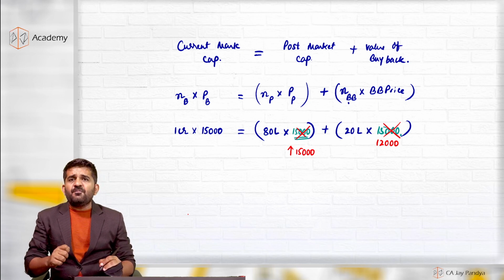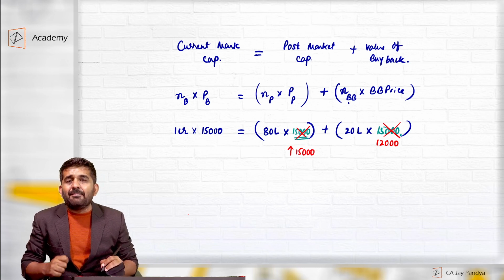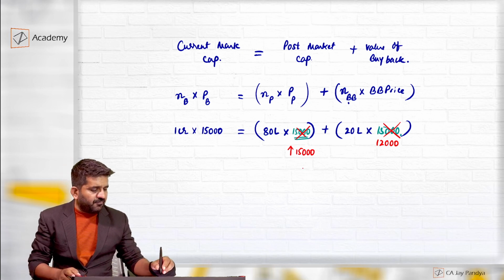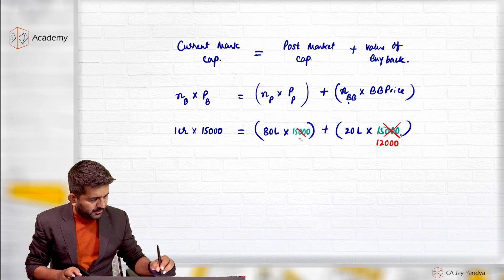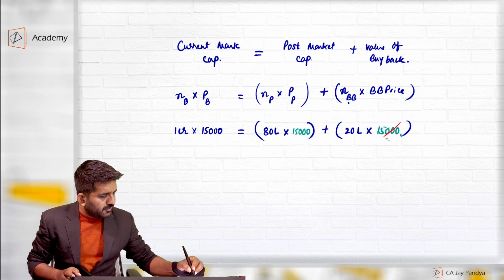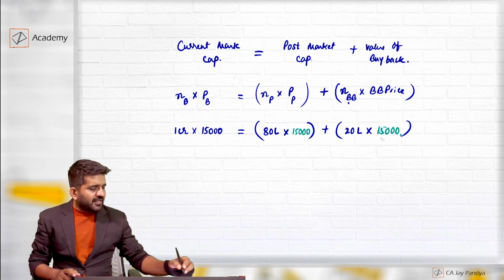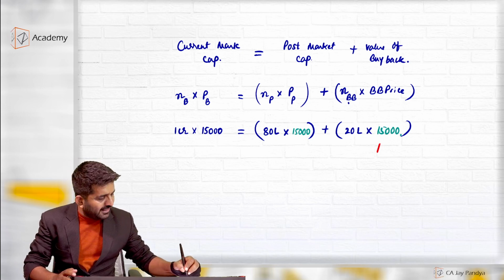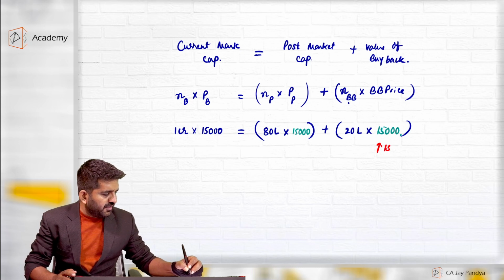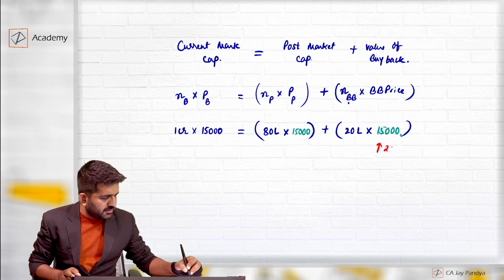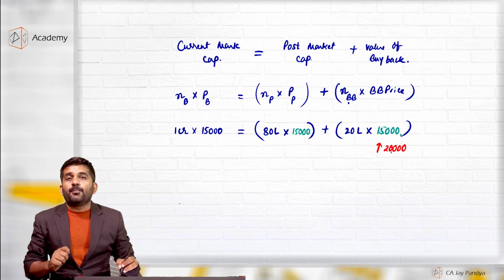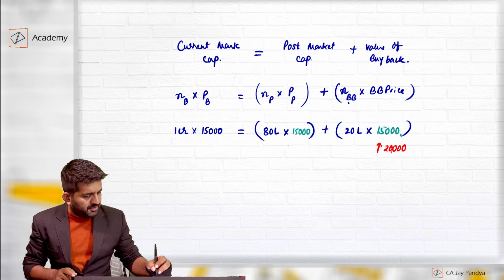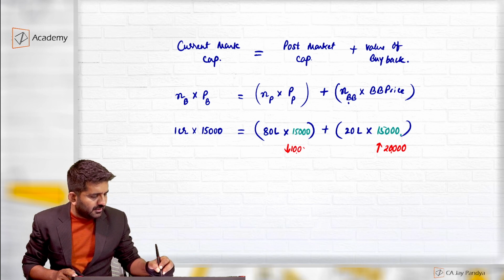And if your market buyback price is greater than 15,000, let's take another scenario. If your market price is greater than 15,000, say 20,000 rupees, then your post buyback market price per share will be less than 10,000 rupees.